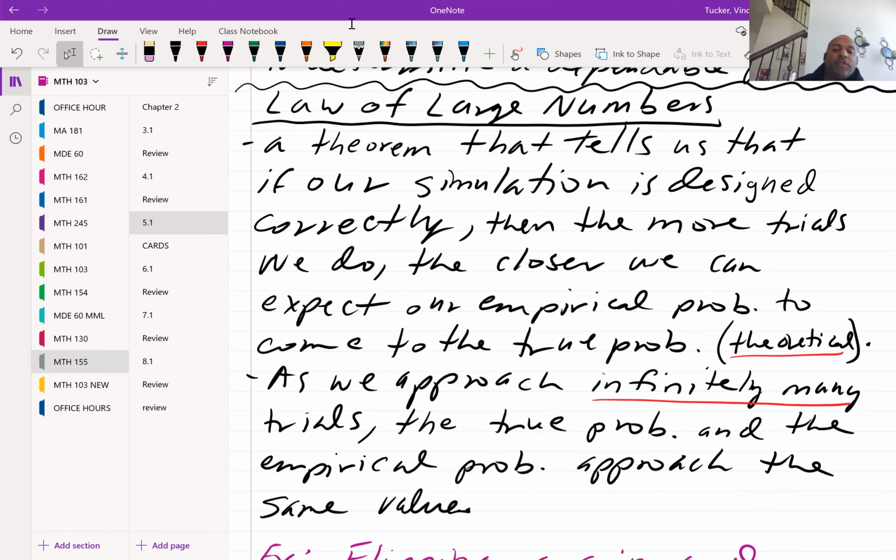As we approach infinitely many trials, the true probability and the empirical probability approach the same value.